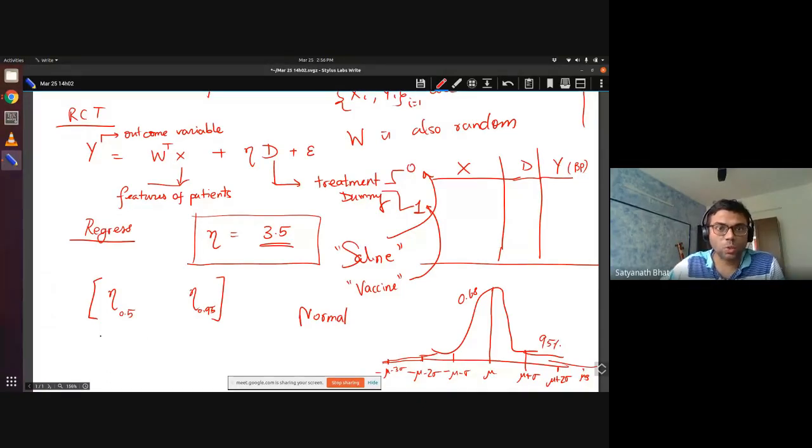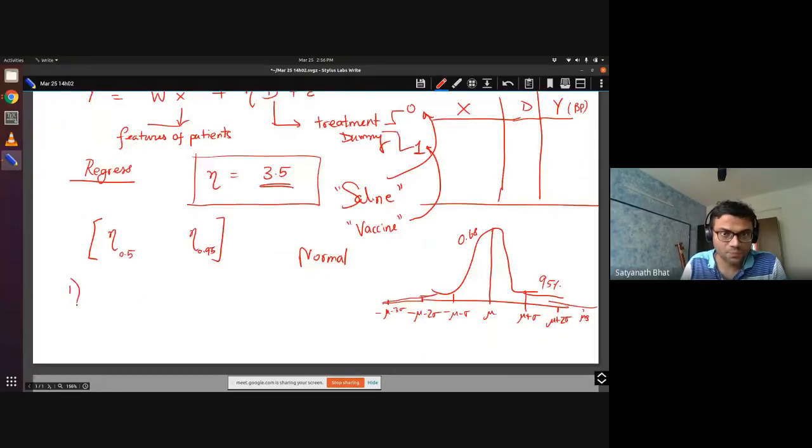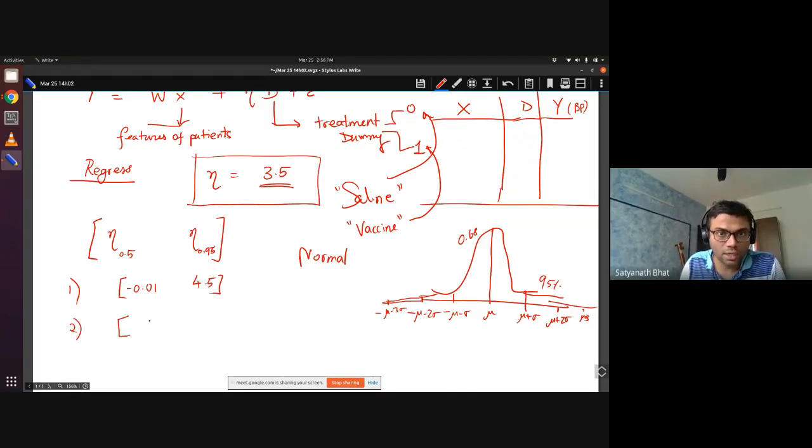So there can be 2 cases. One case is where your interval is minus 0.01 to 4.5. Case interval number 2 could be 3.2 to 3.8. Now which of the 2 cases is good for your clinical trial?